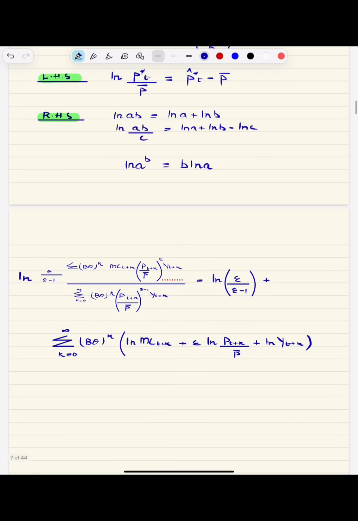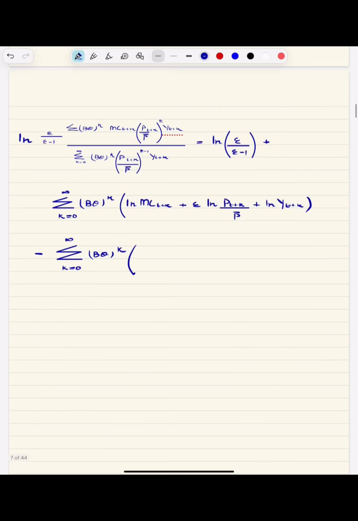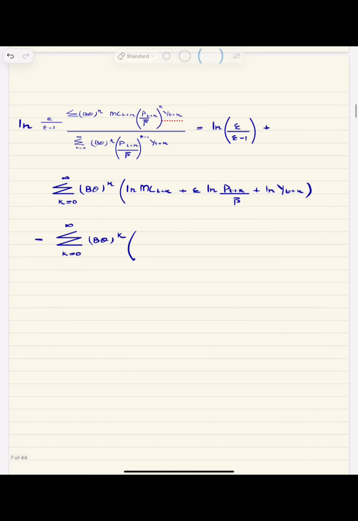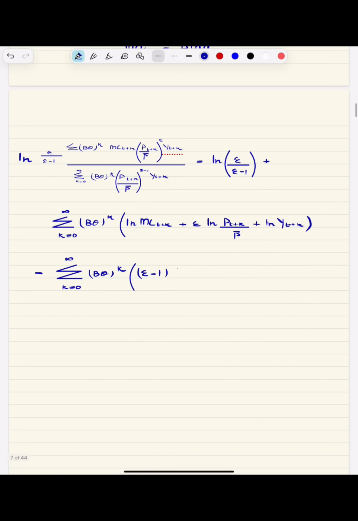Now the division sign becomes a negative sign, and then we do summation again, with B theta the same, k from 0 to infinity. Then we can use the power law again. I'll get an e minus 1, and then what did we have? Okay, then the log of p t plus k over p bar.